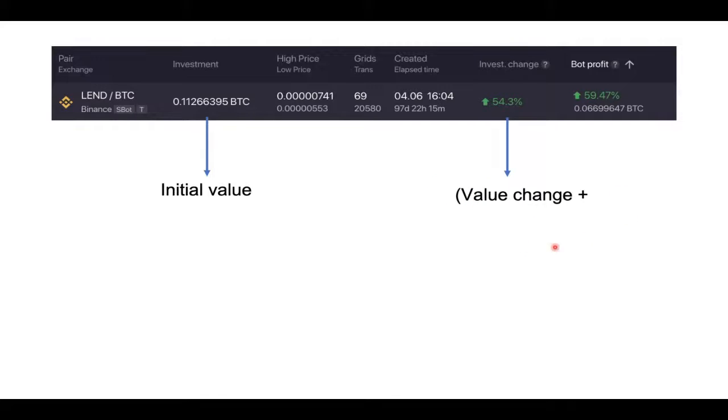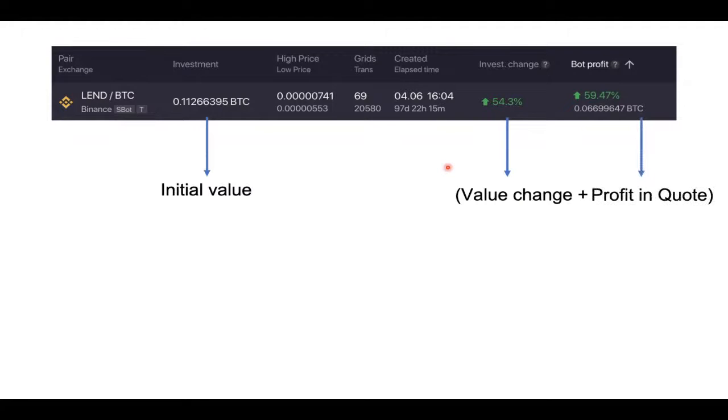And by the value change, I mean how the value of the base currency has changed, because we are trading LEND, and that means on a second-by-second basis the price is constantly changing, and that means that at some point of time the value of LEND can be lower, and at some point of time can be higher. So that's why the value change affects our investment change in general.